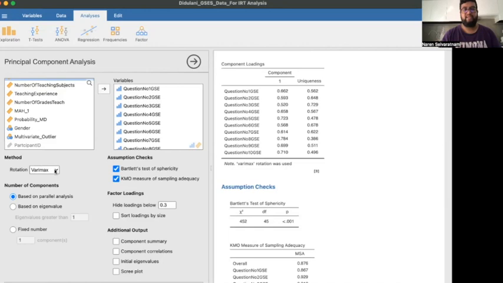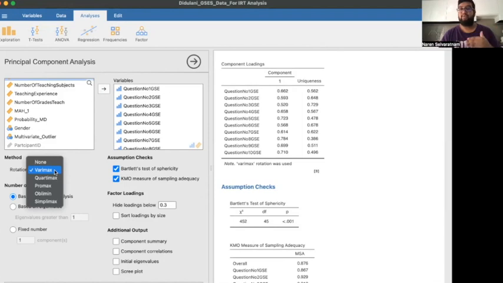Now, there are different rotation techniques. The technique depends upon your understanding about how the factors are going to relate with each other. In some scales, the factors do correlate with each other. If that's the case, then it has to be an oblique rotation.